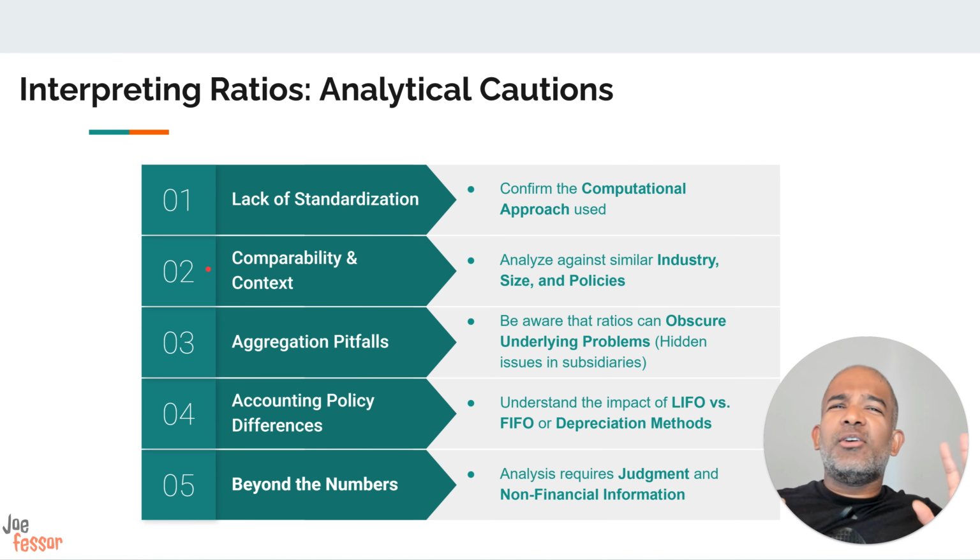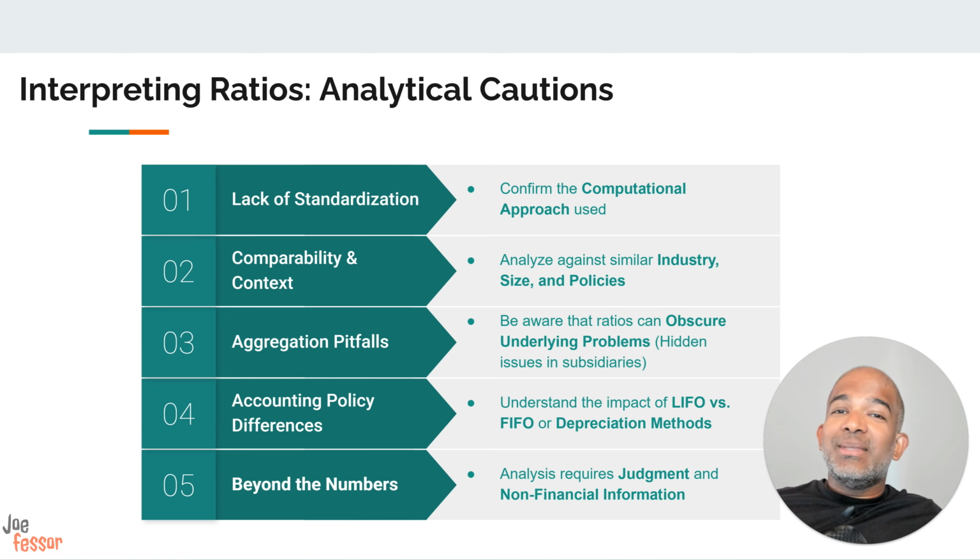Alright, I promise this is our final analysis slide, addressing the necessary cautions and limitations that all professional analysts must keep in mind. Ratios are a powerful tool, but they are not the final word. First, remember that ratios are not standardized. Except for earnings per share, analysts often compute ratios differently.